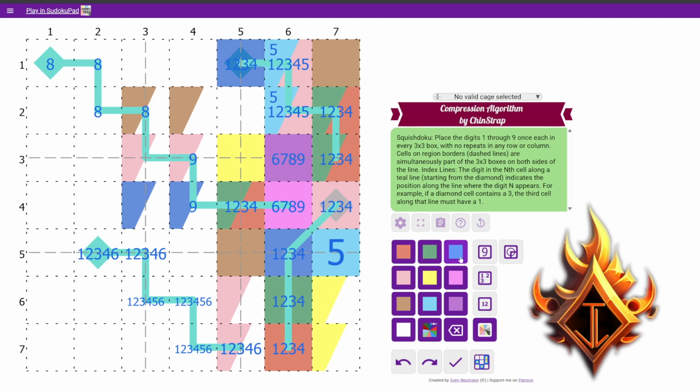Can't be red, can't be green, can't be blue, can't be light pink, can't be yellow. It could be bright pink. Could be bright pink or dark purple. This could be bright pink or dark purple.